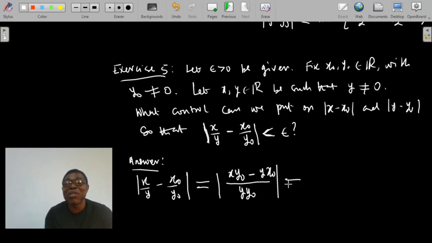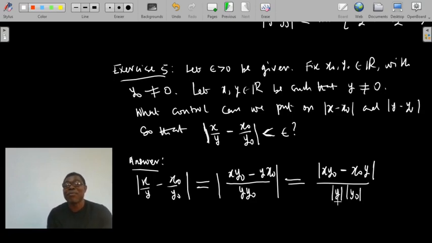And this is equal to, observe, the absolute value of x y naught minus y x naught is the same as x naught y, all over absolute value of y, absolute value of y naught. Again, you see that this y has put in its head again and must be controlled. So I will mimic what I did above to put a control on this.